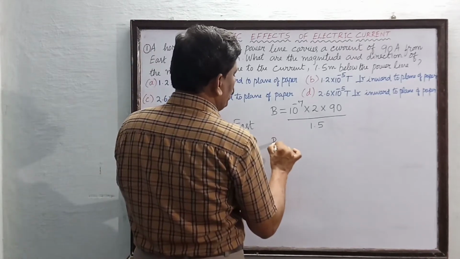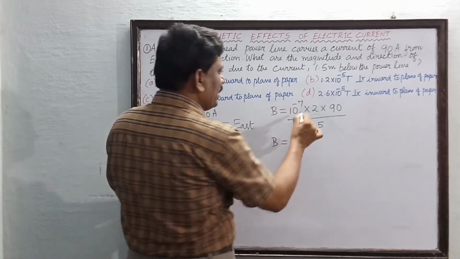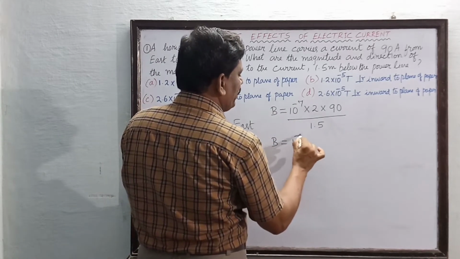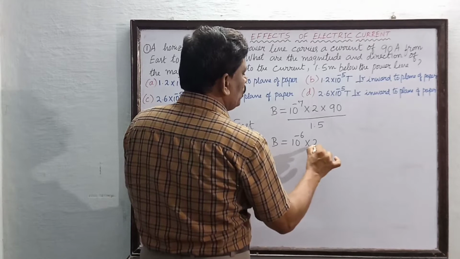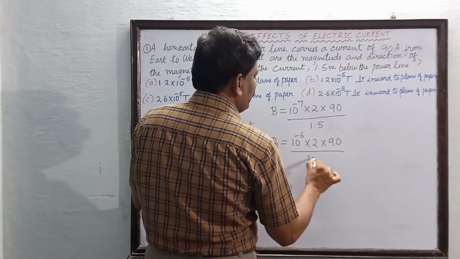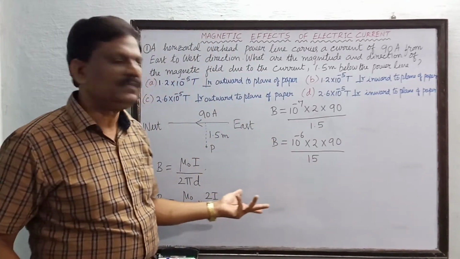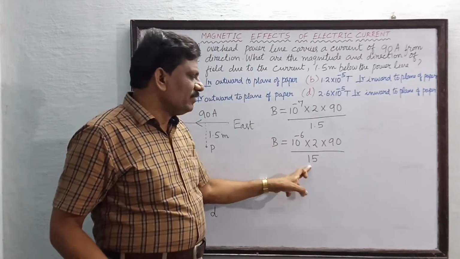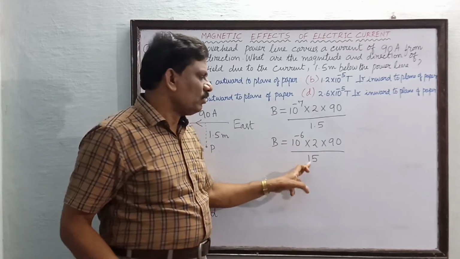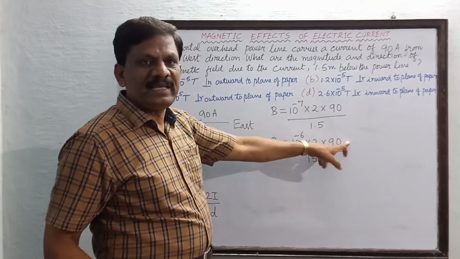So B is now equal to, when I multiply this by 10, it becomes 10 power minus 6, into 2 into 90 divided by this 15. 1.5 into 10 becomes 15, because 90 is divisible by 15. So 15 into 6 is 90.